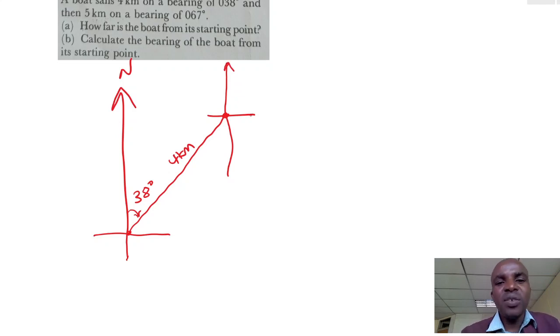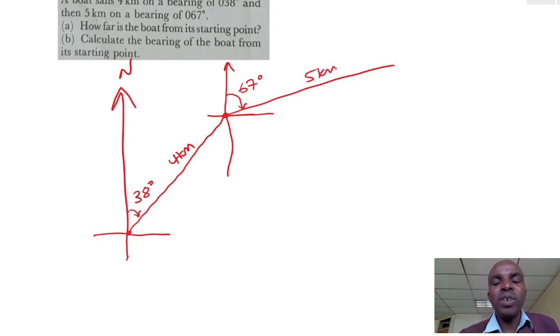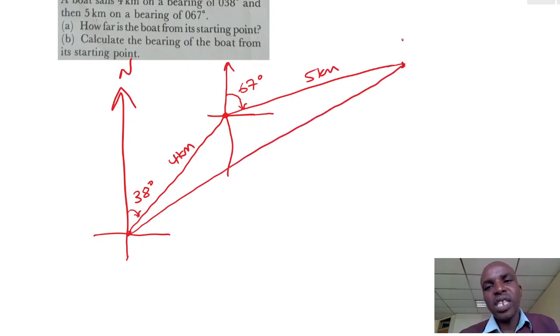Then 67 degrees now is this one. So just put it in such a way that it will be a bit wider than the 38 degrees. This will be 67 degrees from the north. And the distance is 5 kilometers. How far is the boat from its starting point? It means from this point to this point. It's now here. That's where the boat is.